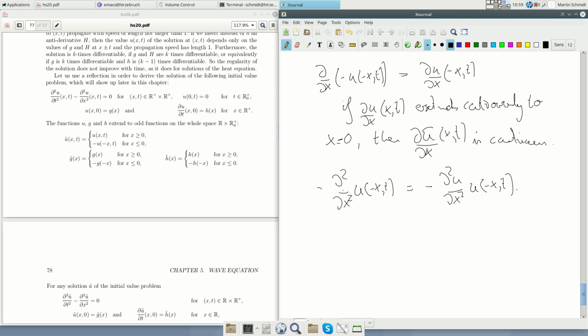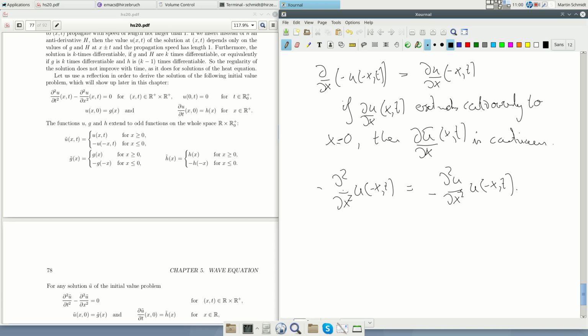So this has to be a plus. No, it was correct. It's a minus, because here we get two derivatives, 2 times minus, and then this minus, so altogether we have 3 times minus. So this is a minus.